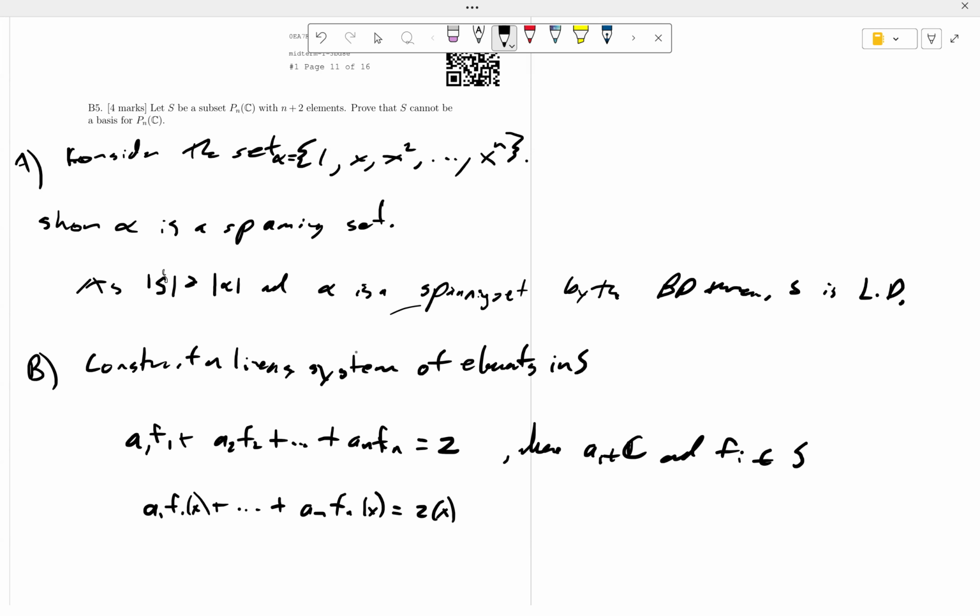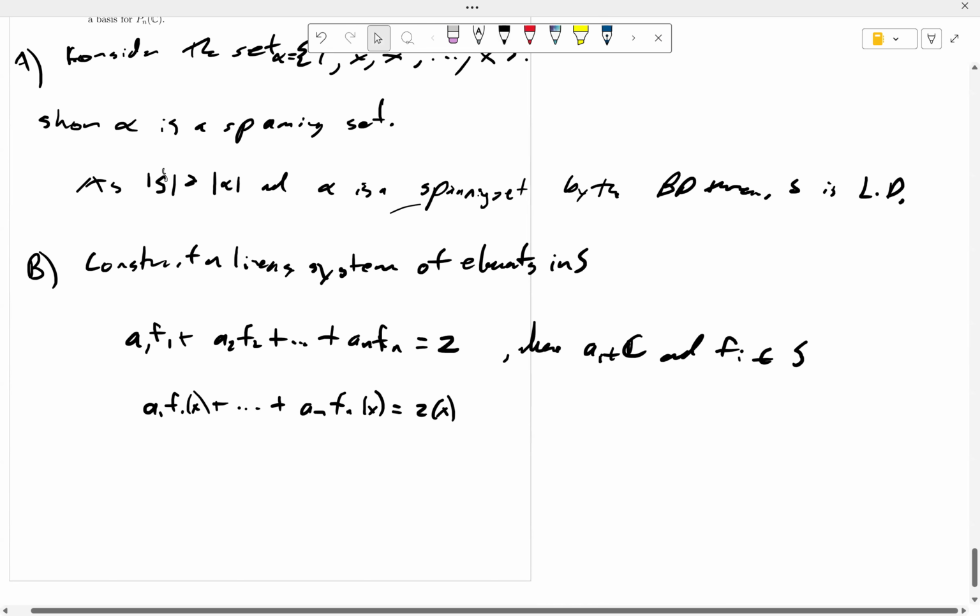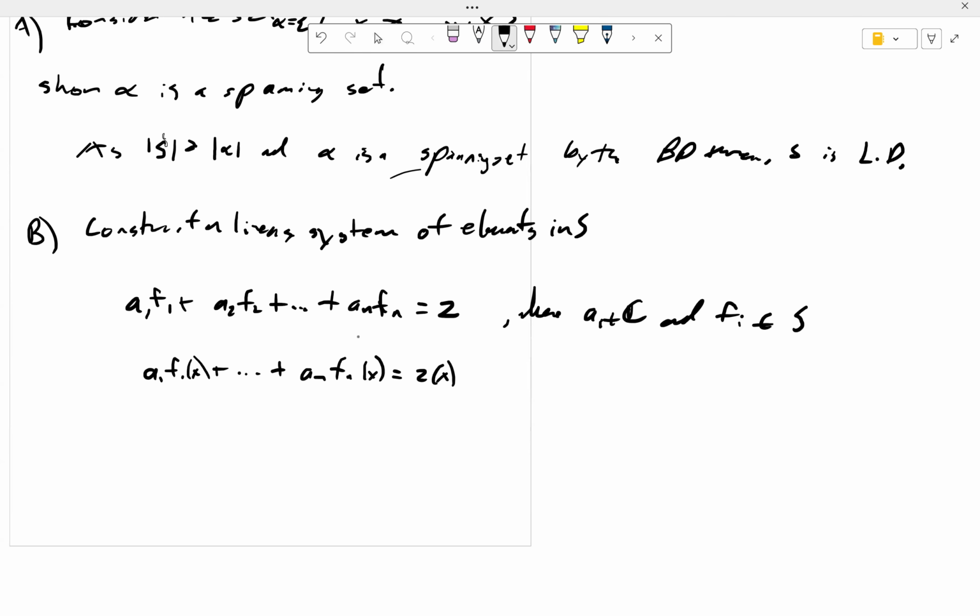Now these are all polynomials of degree n. You can rearrange, and you will construct a system of n plus 1 equations. And this should go to n plus 2 because our number was n plus 2.